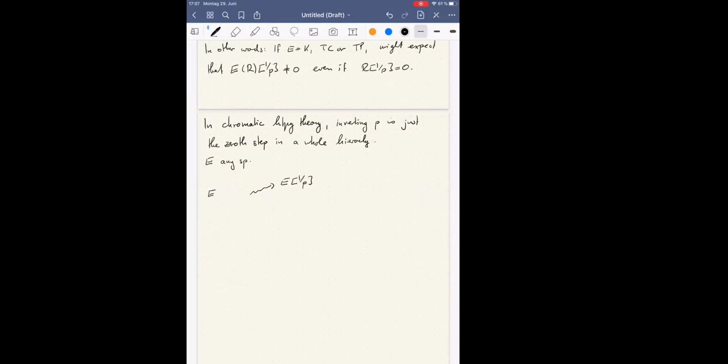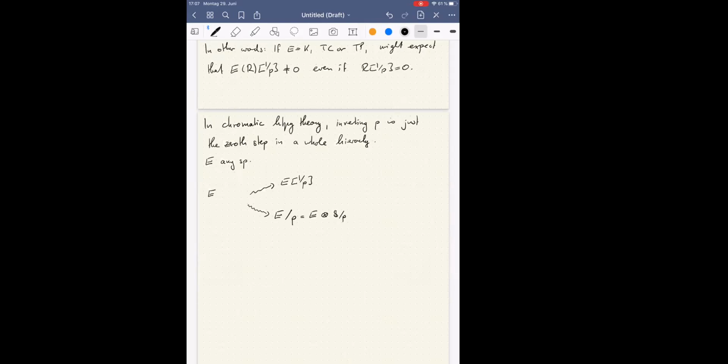On the other hand, I can try to capture everything which is not seen by inverting P. And in some sense, this is done by just quotienting by P. So I have multiplication by P map on the spectrum. I can just take the cofiber of this. Or if you want, you can also write this E tensor the sphere spectrum mod P, which is also called the mod P Moore spectrum.